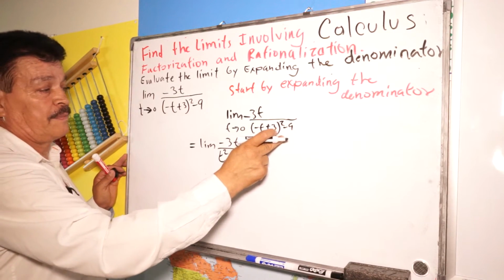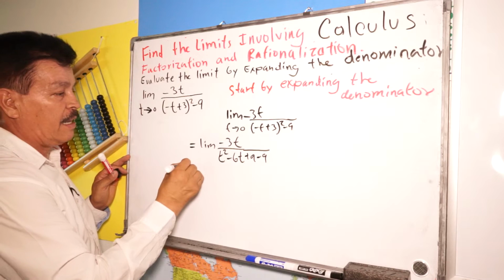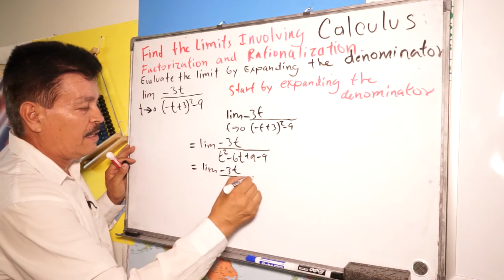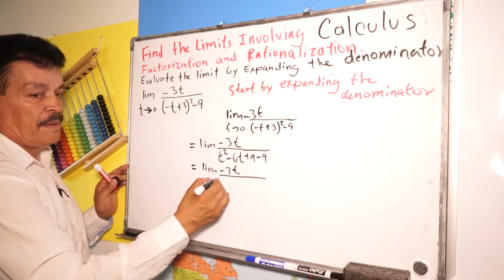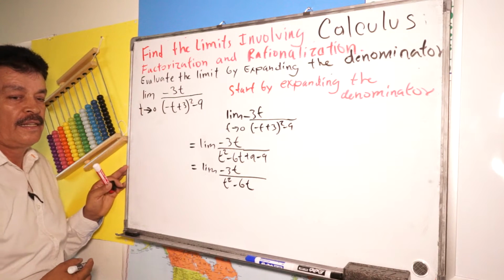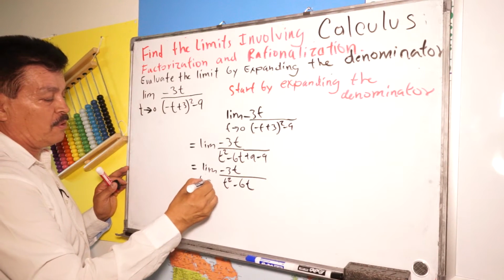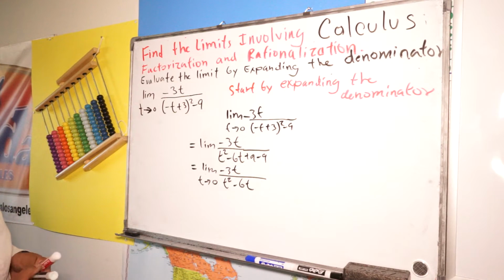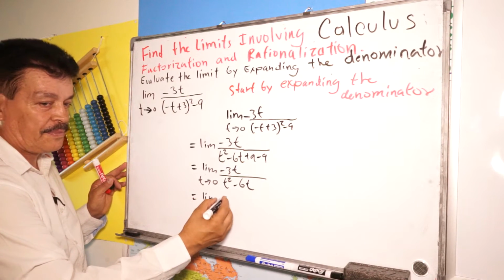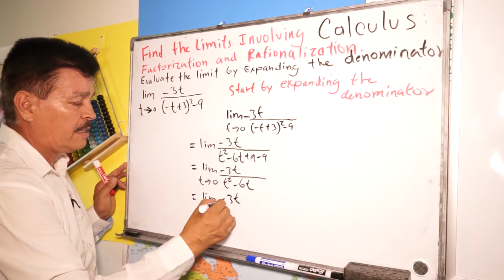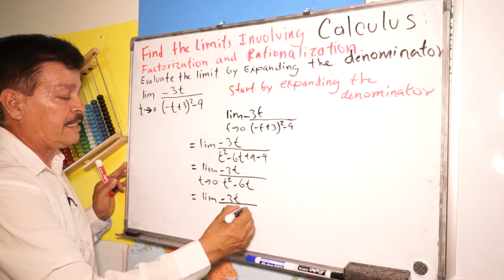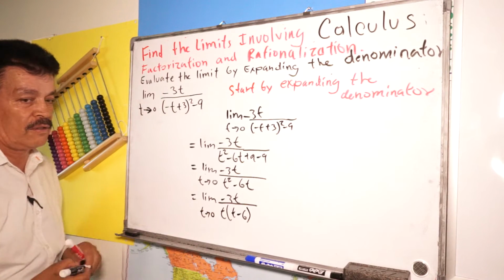I just expanded this binomial. In the bottom you will have t to the second power minus 6t, when t approaches 0. Next, it equals the limit of negative 3t divided by t times (t minus 6), when t approaches 0.